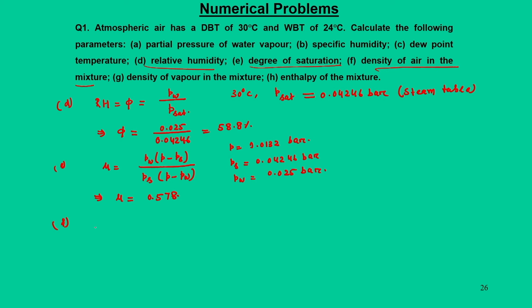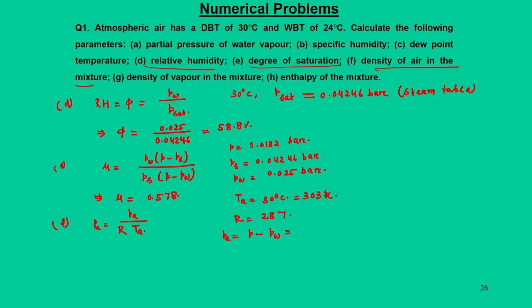Next is density of air in the mixture. So, density of air means rho A is equal to Pa by R Ta. So, Ta is your 30 degree centigrade, 303 Kelvin, R is 287, Pa is nothing but P minus Pw.